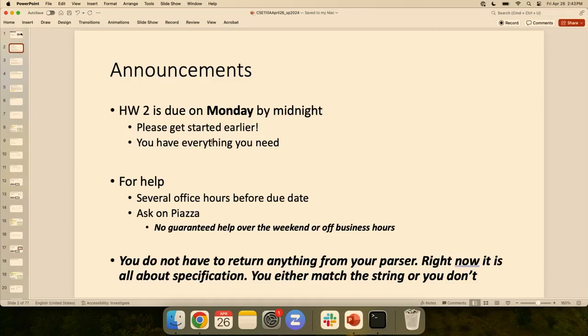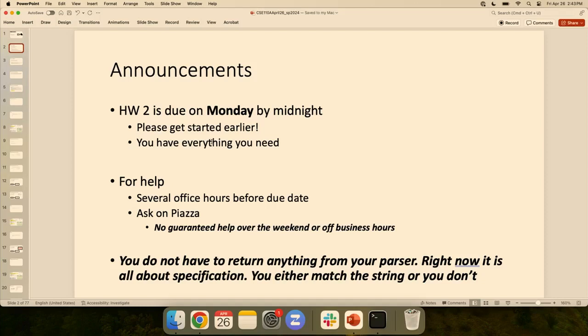And just as a reminder that some people are seeing, you don't actually need to return anything from the parser in ply. The only thing ply is helping you with here is so that you can test your grammar, so that you can try feeding in some strings. You should have an idea of what valid strings are because they're very similar to C, and you can try feeding that into ply and seeing if your grammar accepts it or rejects it.